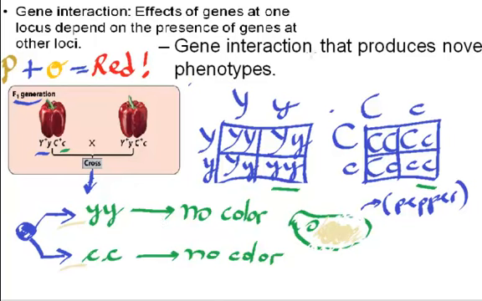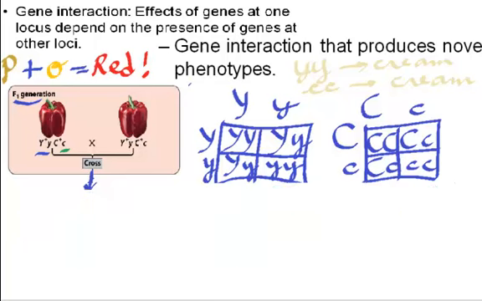So let's write our summary of other colors here. yy equals cream, and cc equals cream. That's easy. Now let's figure out how our genotypic distribution will look like out of this cross.